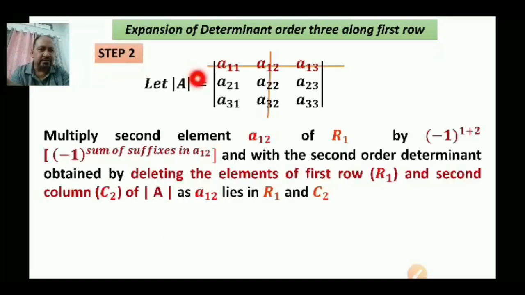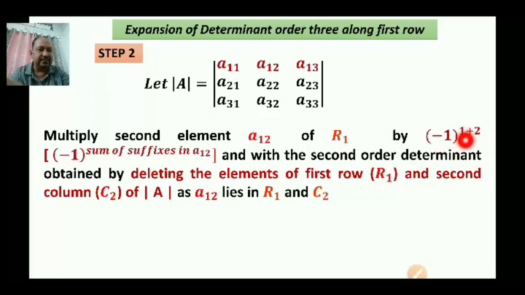Expansion of a determinant of order 3 along the first row. Step 2. You will take the first row and second column. Now all the elements of the first row and second column will be cancelled out. Multiply the second element a12 by (-1) to the power 1 plus 2.